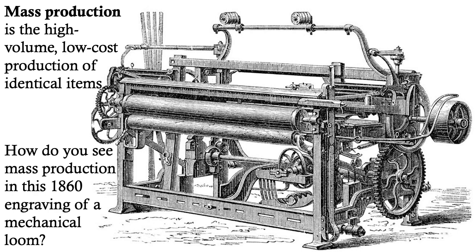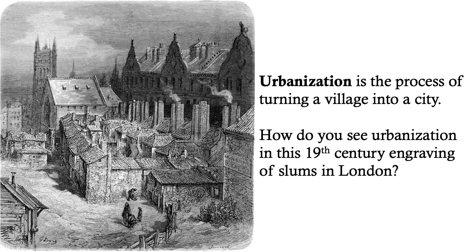Add your answer to your notebook guide. Urbanization is the process of turning a village into a city. How do you see urbanization in this 19th century engraving of slums in London? Add your answer to your notebook guide.